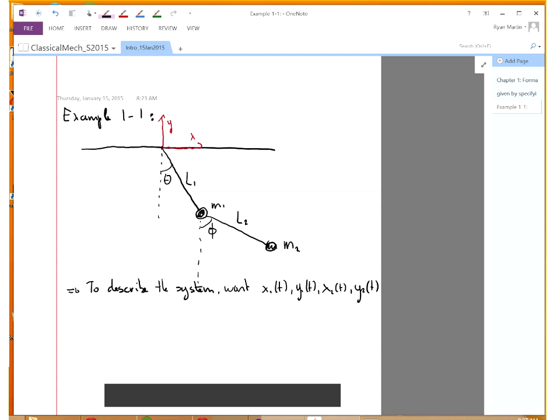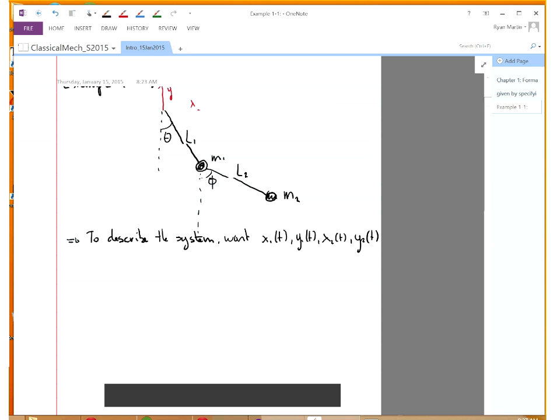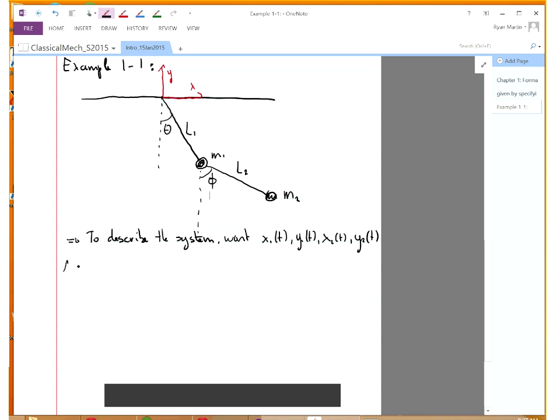You would start with Newton's second law. You would do that for each mass, right? So for mass 1, you have the sum of the forces equals the mass times acceleration: m1 a1 vector is equal to the forces on m1.